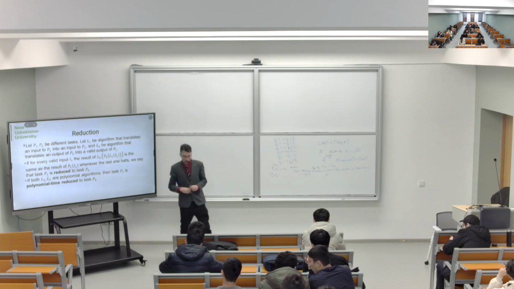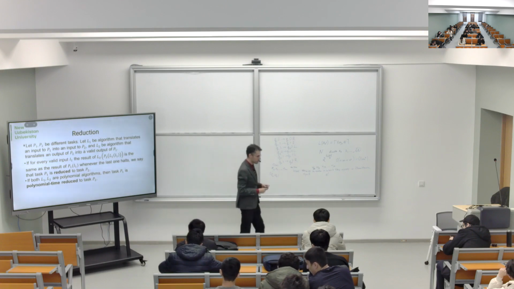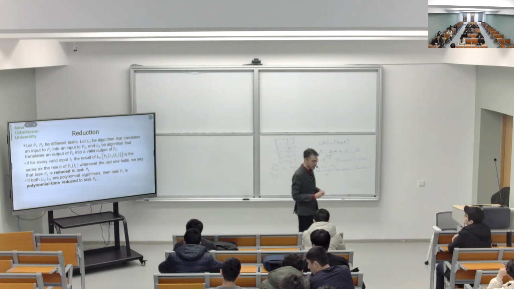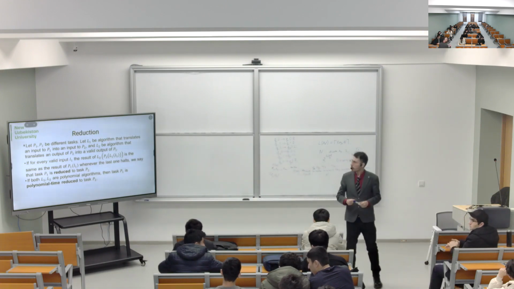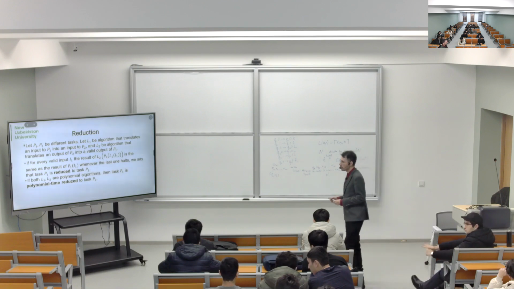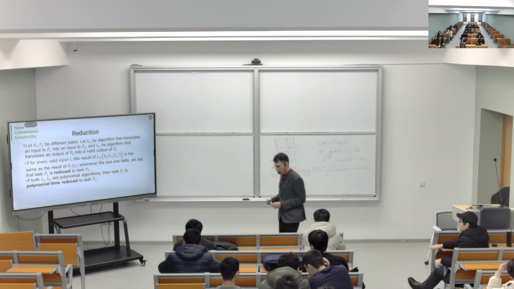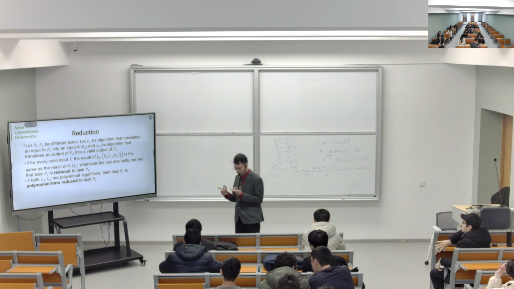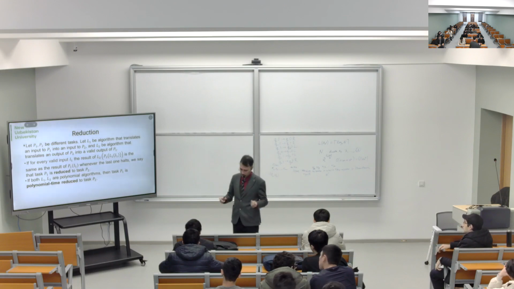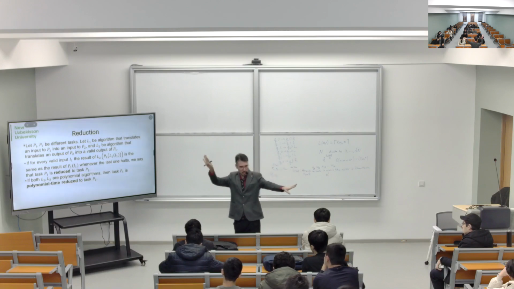Okay, now let's talk about reduction. So let's say that we have problem 1 and problem 2. Problem 1 is one task, problem 2 is another task. They are like different tasks. Very different.